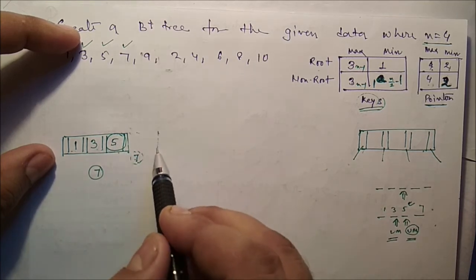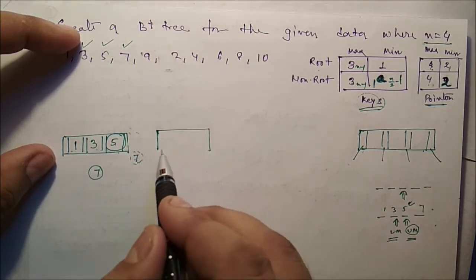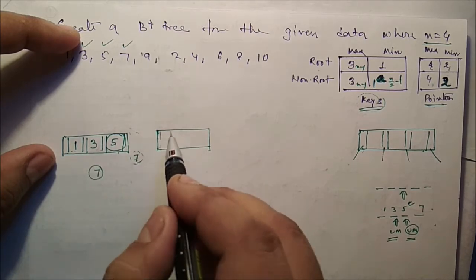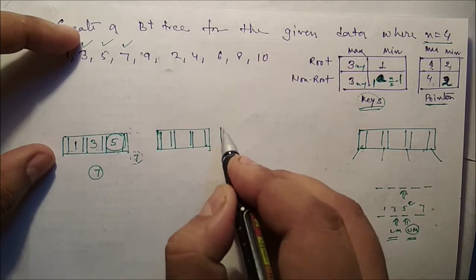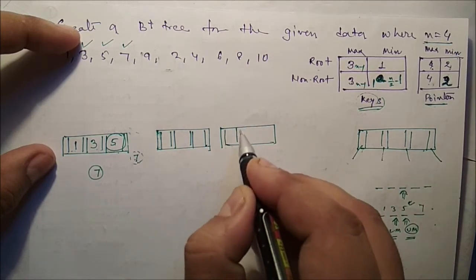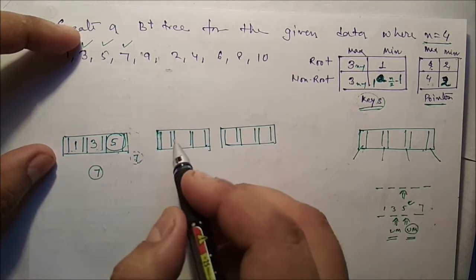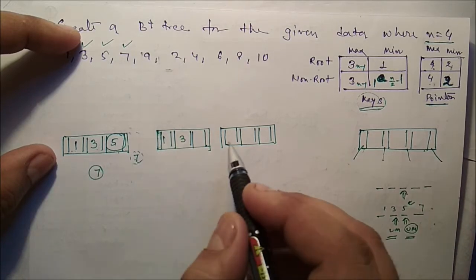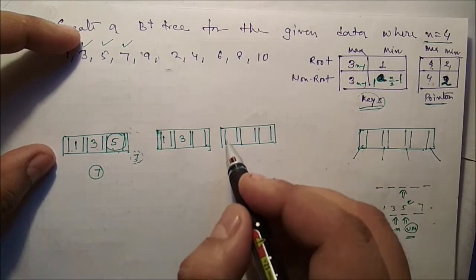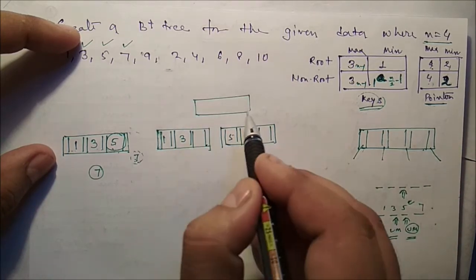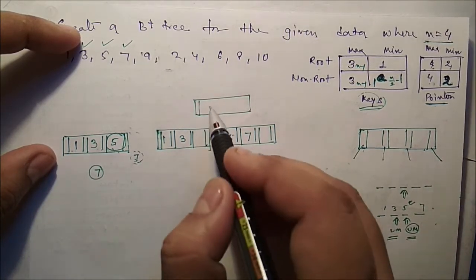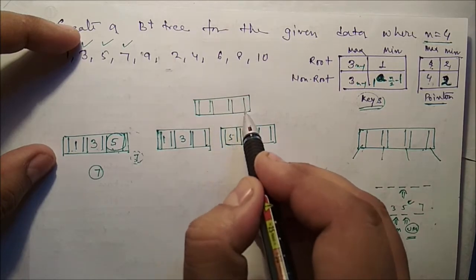That means we have to split this particular information into 2 nodes. So here you have to put 1 and 3, and in this one you have to put 5 and 7, and the parent of these 2 nodes should be 5.